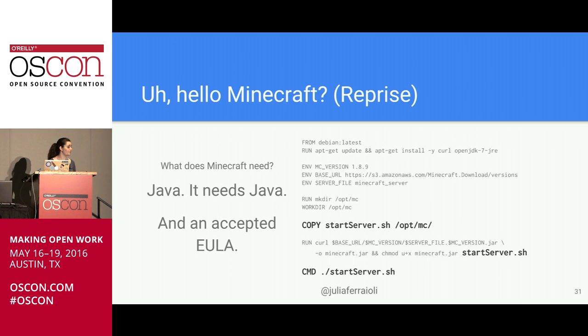We learn how to copy local files into our container, which we didn't before. We learn how to use environment variables, which we didn't know before either. So we've modified it a little bit, and then we go ahead and we start the server. And it gives us a pretty nice little Minecraft server that we can run and enjoy for the duration of the container.